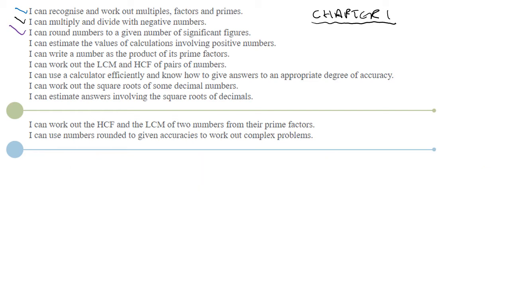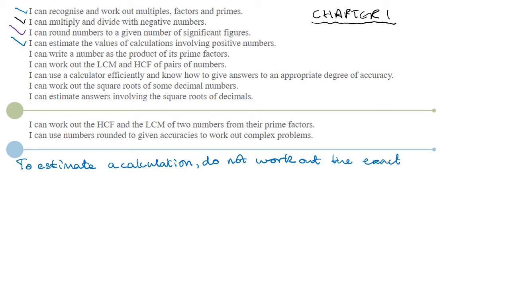Okay, the next one where it says that you can estimate the values of a calculation involving negative numbers. Well, the way that we do that, to estimate a calculation, so that means find the approximate answer, not the exact answer. Okay, to estimate a calculation, one thing you do not do is work out the exact answer. Don't do that.